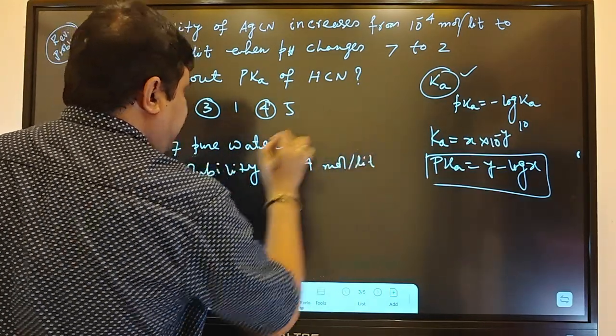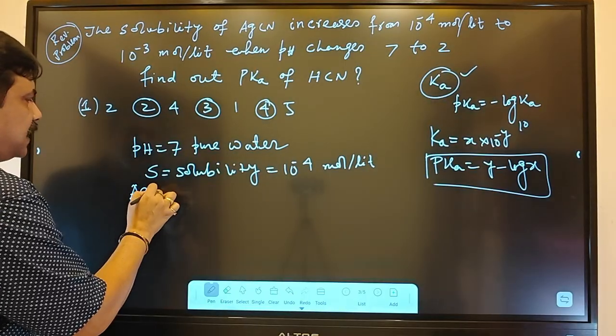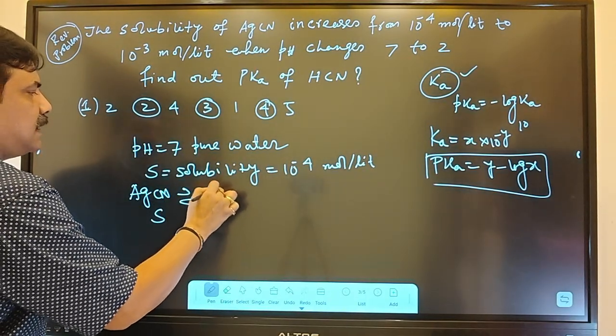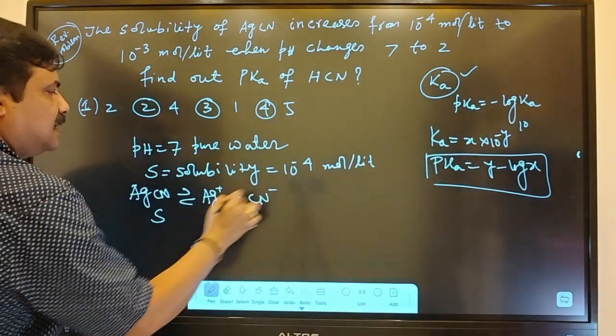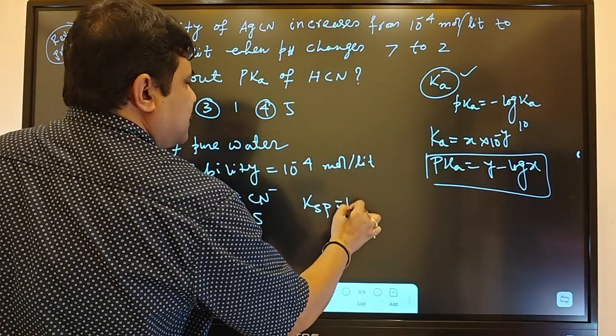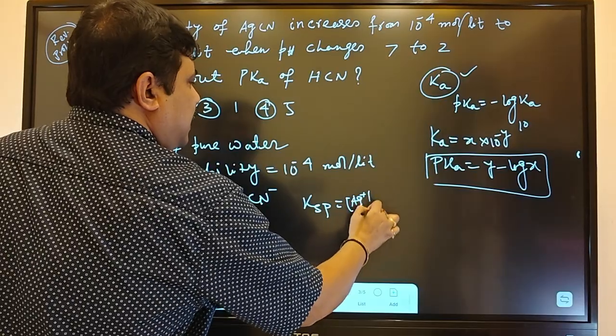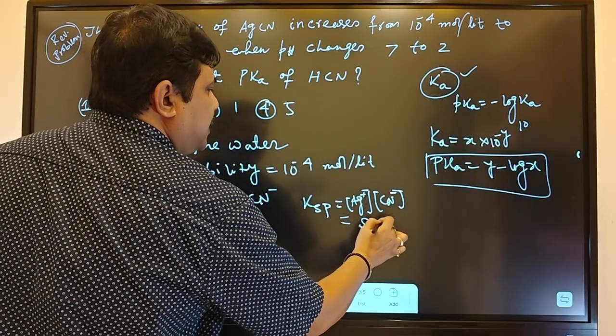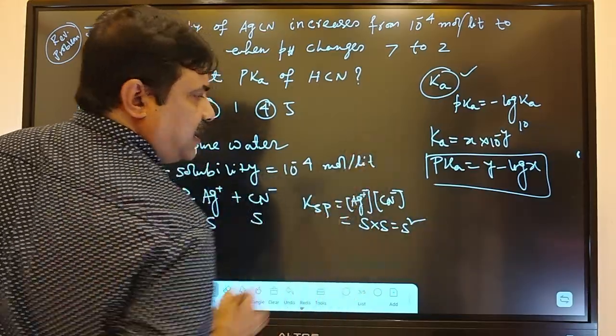And just now we did it: AgCN, if the solubility is S, then it gives Ag plus and CN minus, each also S. The Ksp expression equals silver ion concentration into cyanide ion concentration, which is S into S, nothing but S square.